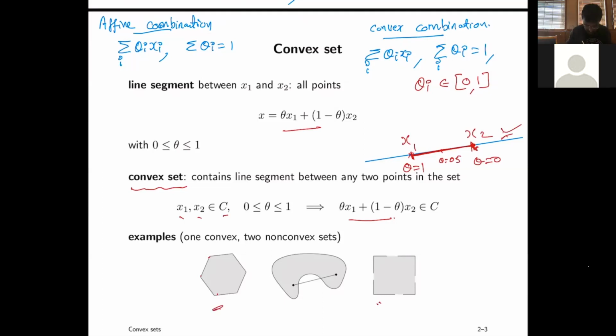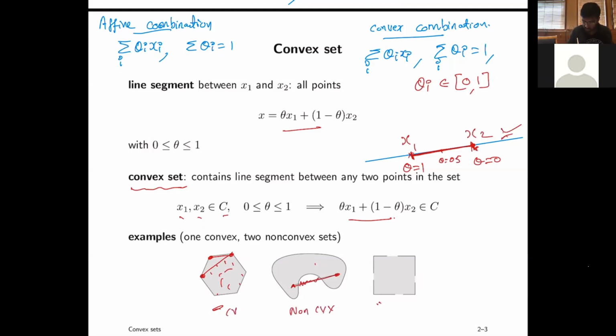Let's see this. This is a 2D set. You have points like this. Is this set convex? Yes, because if you pick any 2 points and draw a line between them, it is inside the set. But what about this? Non-convex. If you take these points, this part is not in the set. So this is non-convex, and this is convex.